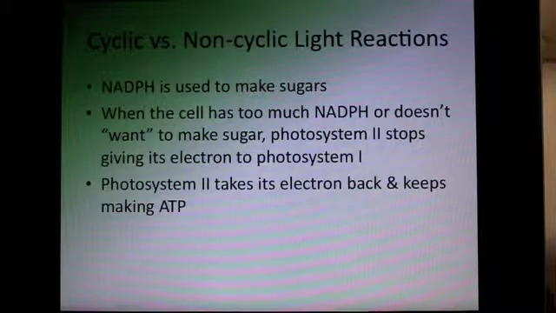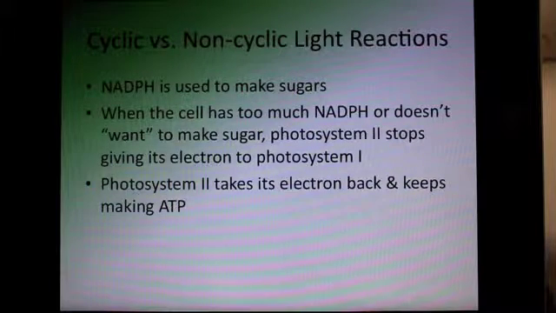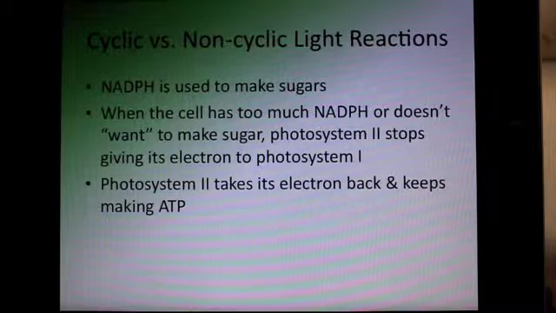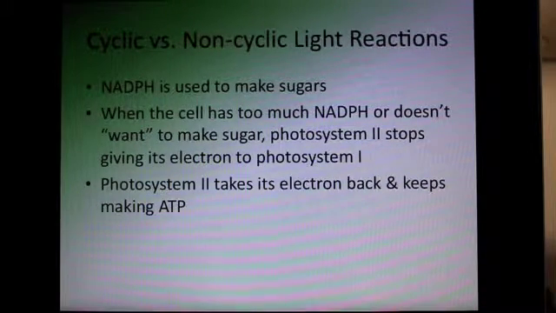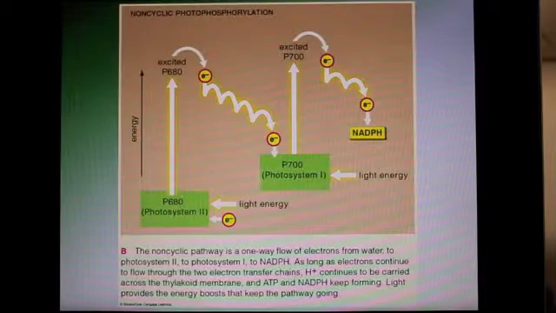Now the NADPH that we made after photosystem 1 is used to make sugars. When the cell has too much NADPH, or it doesn't need to make more sugar, photosystem 2 stops giving its electron to photosystem 1. So photosystem 2 will take its electron back and keep making ATP.